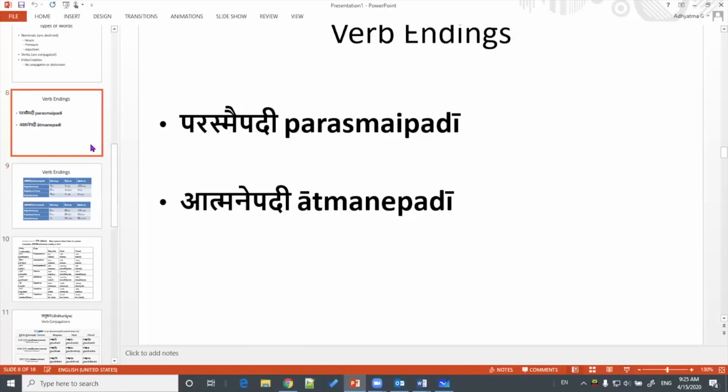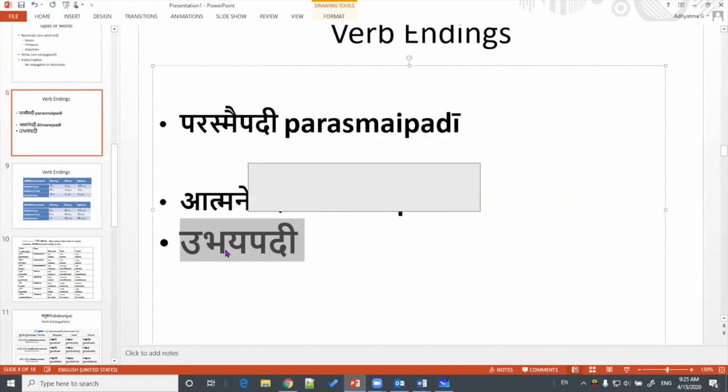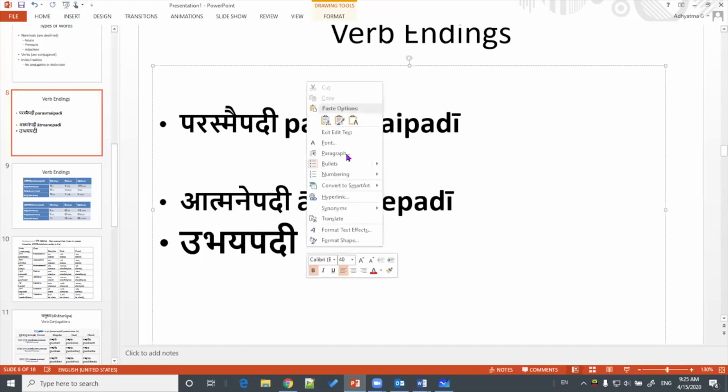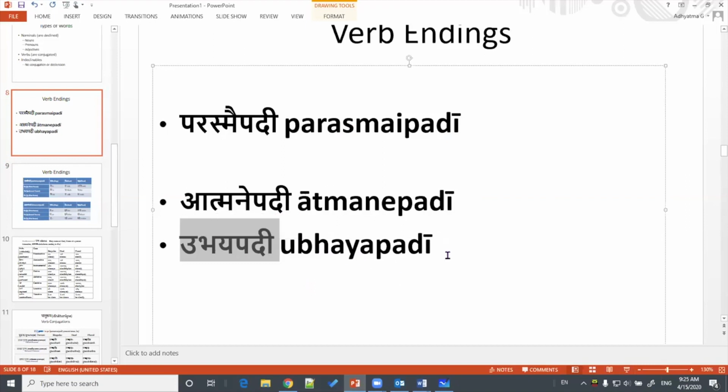So those verbs are called, I'll write the name here. They are called Ubhayapadi.